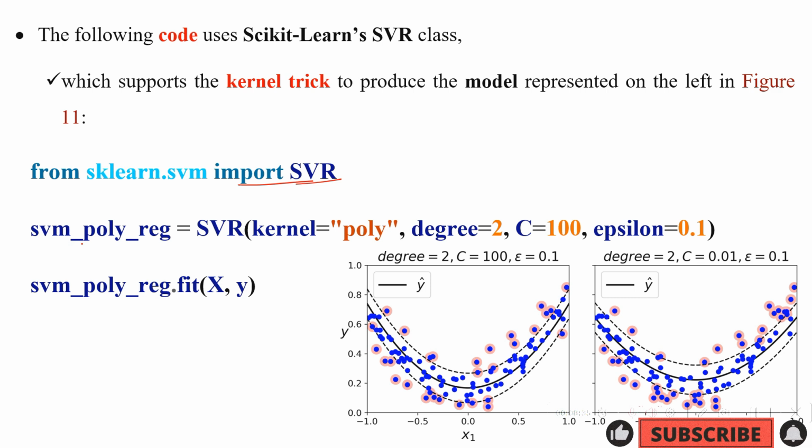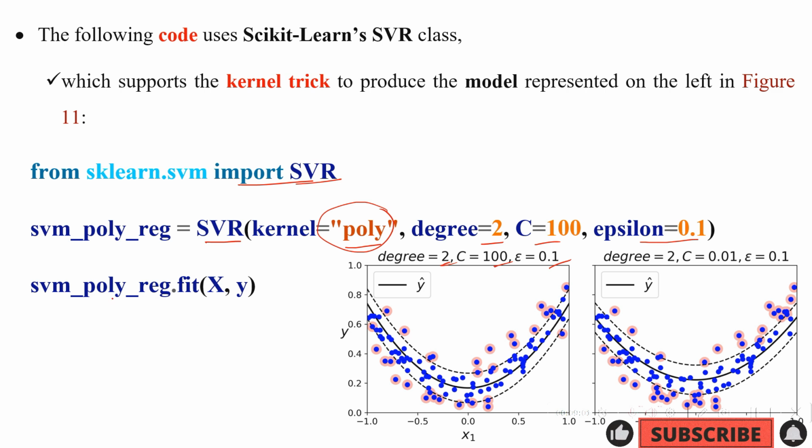Okay, support vector machine polynomial regression equal to SVR with kernel equal to poly, degree equal to 2, C equal to 100 and epsilon equal to 0.1. That means we are going to use the polynomial kernel with degree 2, C equal to 100 and epsilon equal to 0.1.